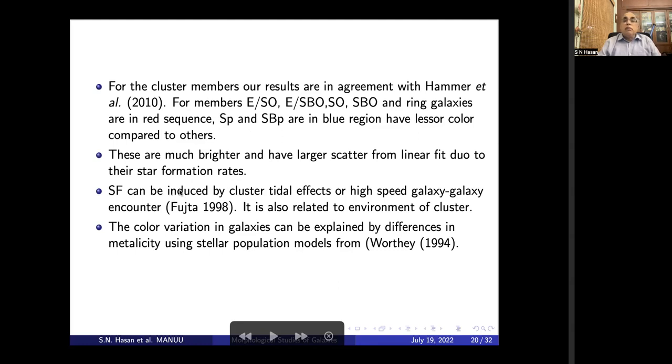These are much brighter and have larger scatter from the linear fit due to the star formation rates. Star formation can be induced by cluster tidal effects, high-speed galaxy-galaxy encounters, and is also related to the environment of clusters. The color variations in galaxies can be explained by differences in metallicity using stellar population models from Worthey.